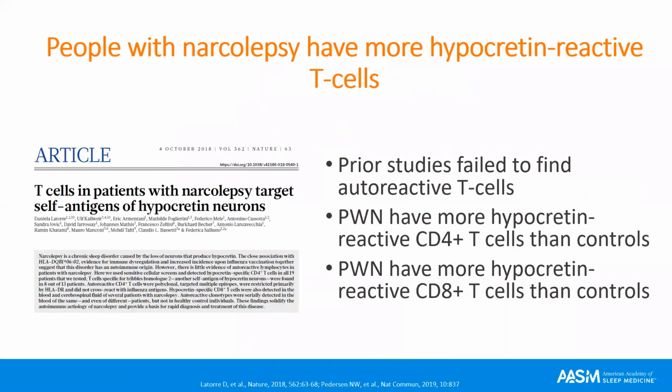And sort of one more step towards saying it's autoimmune, what's happened very recently, in the last year and a half or so, is people have started to demonstrate that people with narcolepsy have circulating CD4 cells and circulating CD8 cells that are reactive to self-hypocretin. And so that's really what you need to say that there is an attack on the self.